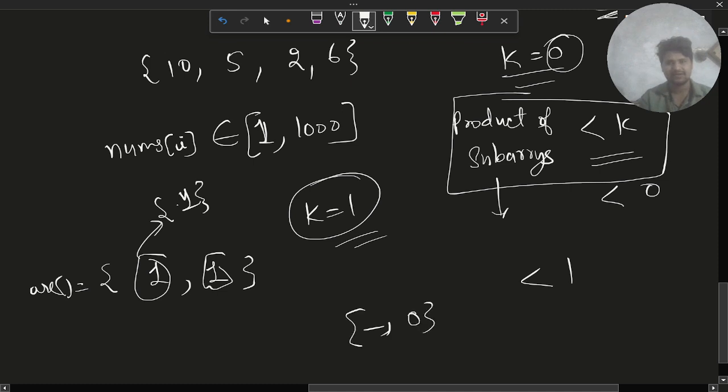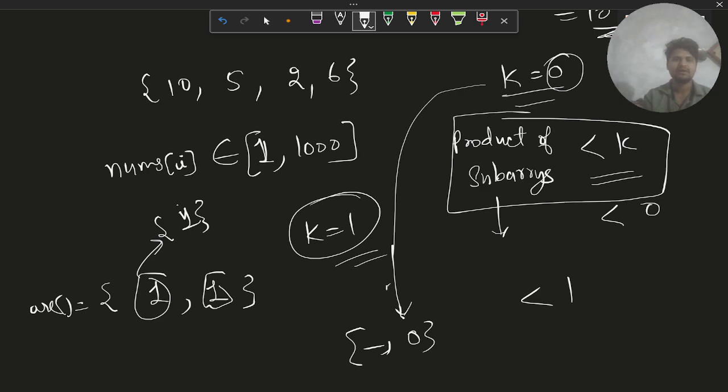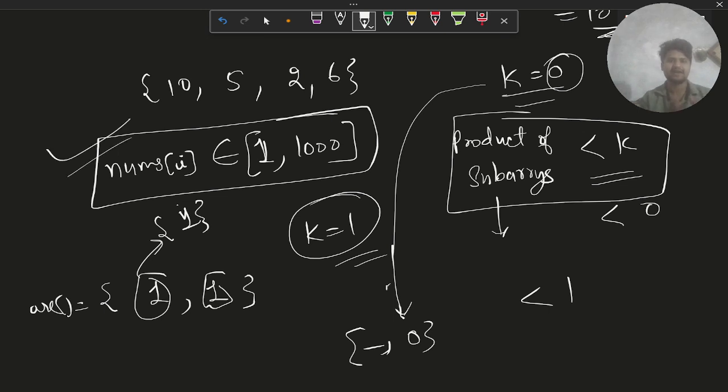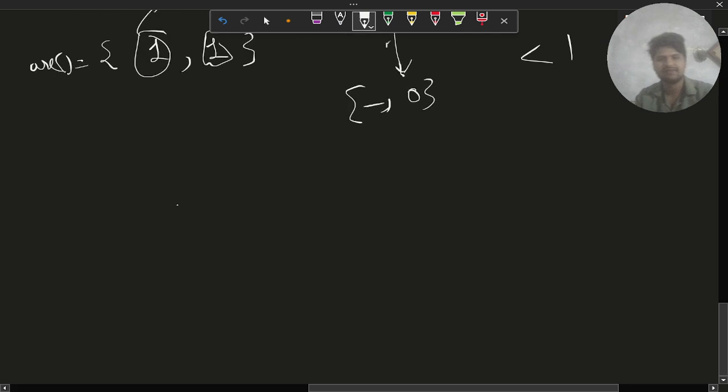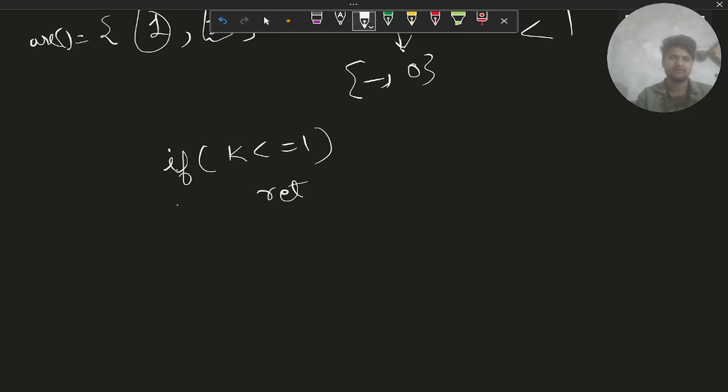And previously we discussed that we cannot form 0, because the elements are lying between 1 to 1000. So this is the edge case. Whenever my k is less than or equal to 1, we don't have to go through all the code, we just return 0, because we cannot form a subarray.